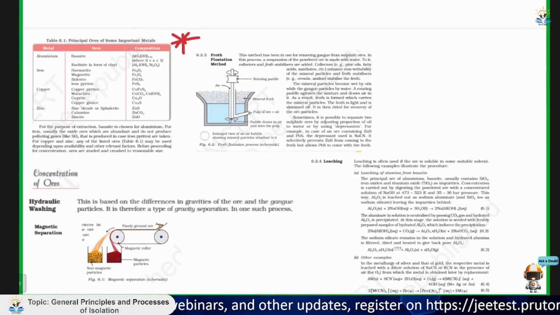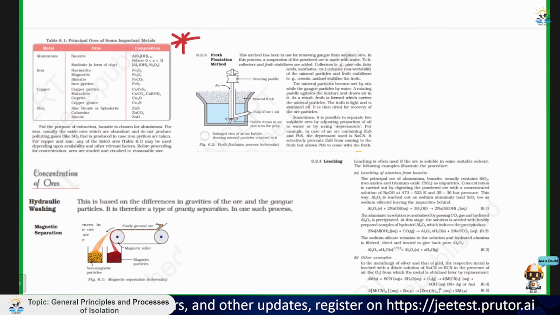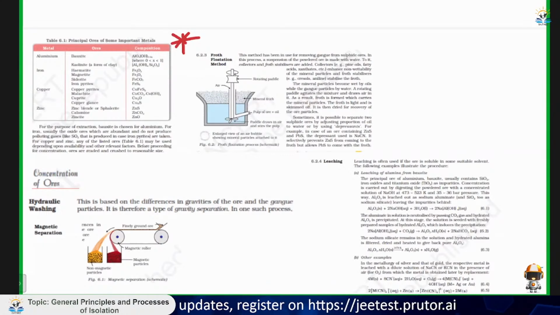Normal basic cleaning. Cleaning has different ways, physical methods, chemical methods. Basically, preparing the ore.